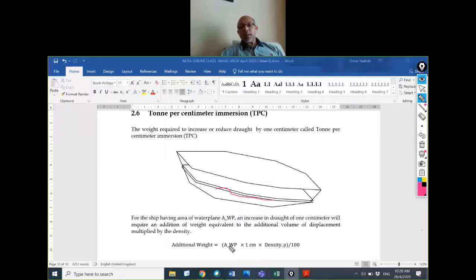So the area of the plane in meter squared times 0.01 meter times density in ton per meter cube. The meter cube cancels out, and you're left with ton. So the additional weight you need to add is in tons. That is the TPC, the weight that needs to be added to increase draft by 1 centimeter.